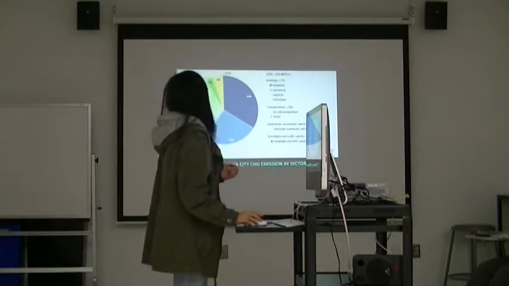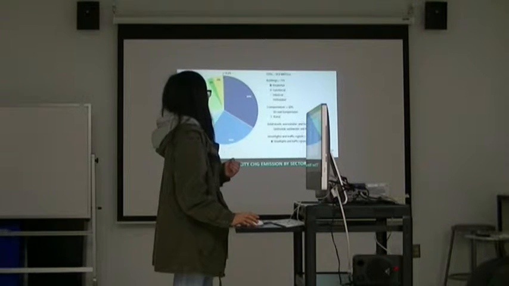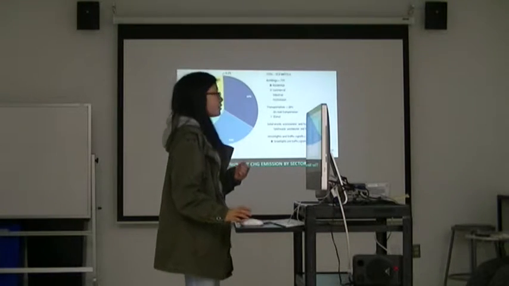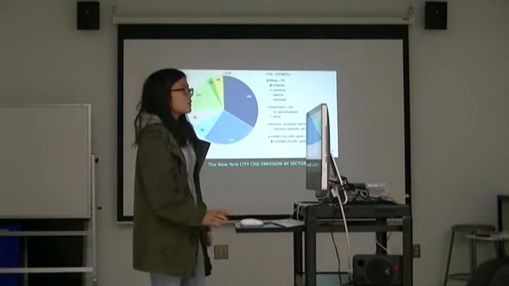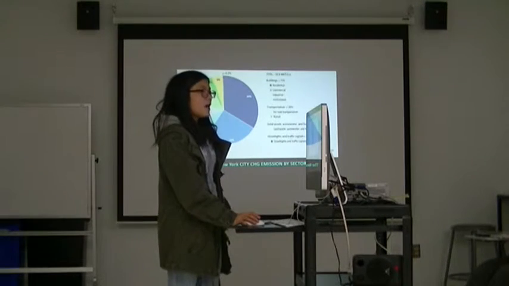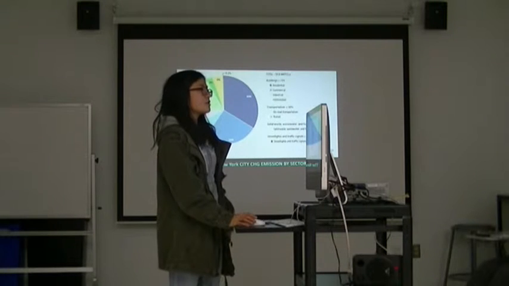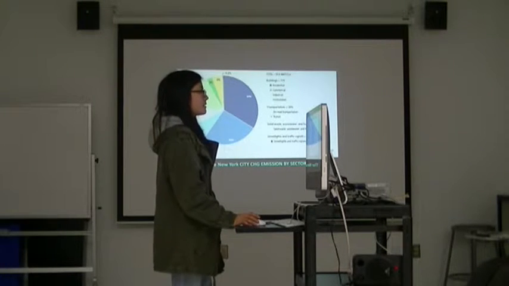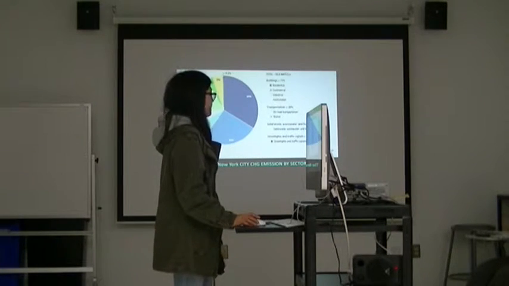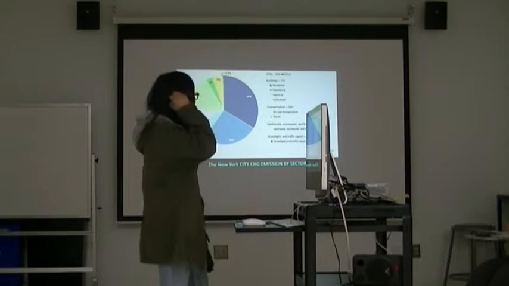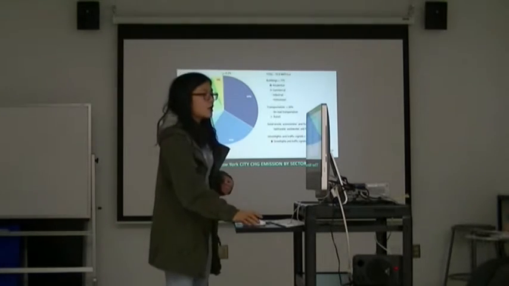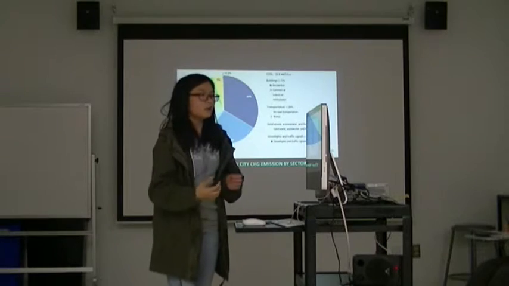This is a picture of the New York carbon image by sector. As you can see, the buildings' carbon emission is 75% in New York in total.